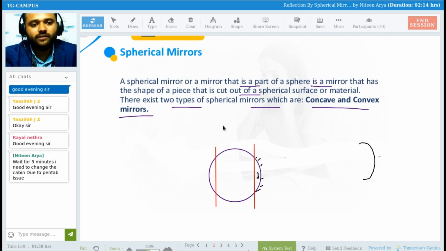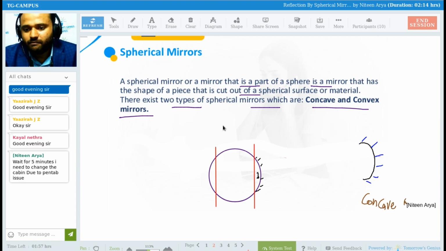Concave stands for a cave kind of shape, meaning curved inside. A mirror made from a sphere where you painted the silver color on the outward part is known as a concave mirror.